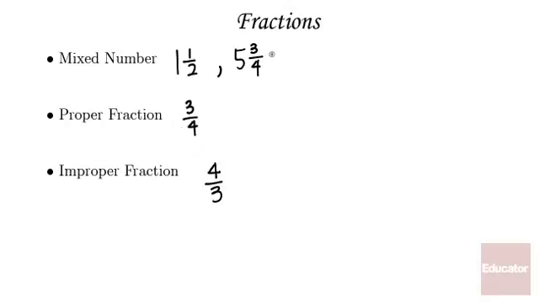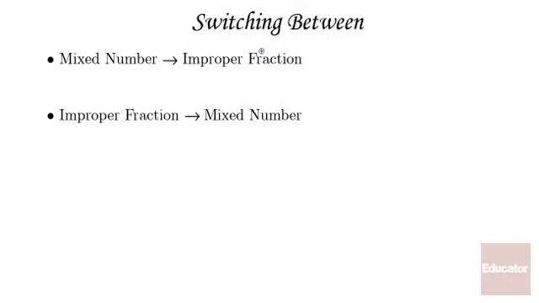But since mixed numbers and improper fractions are both bigger than 1, we can actually change them from mixed number to improper fraction and improper fraction to mixed number. So for you to be able to switch between, let's start with mixed number to an improper fraction.